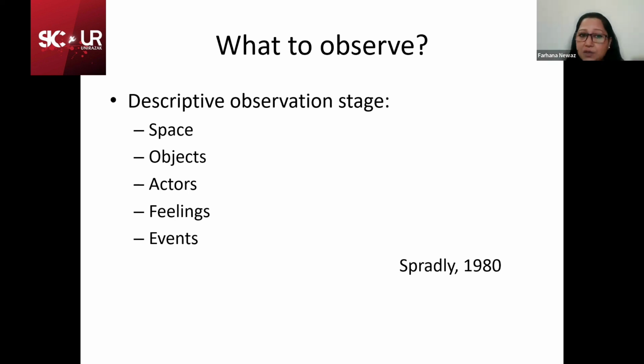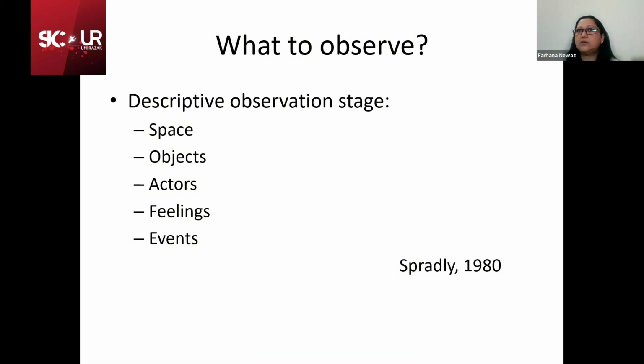And what else we need to observe? Because when we talk about how we have collected the data, rather than just what we have seen there, we also need to collect the data on space, objects, actors, feelings, and events. Space means from where you are observing that situation, that location, right?